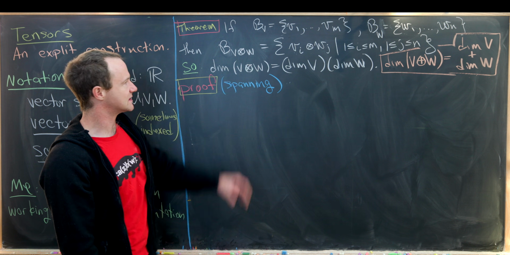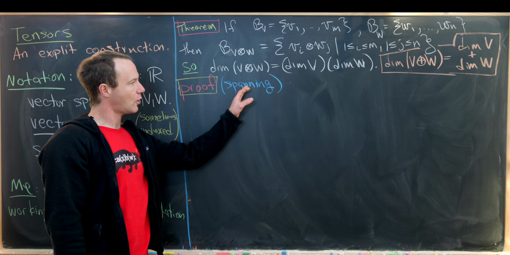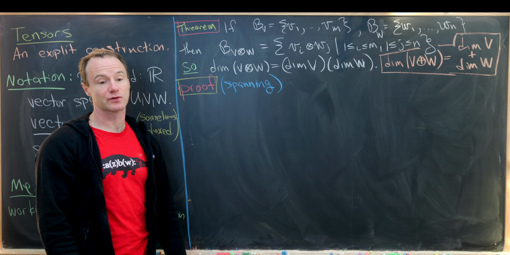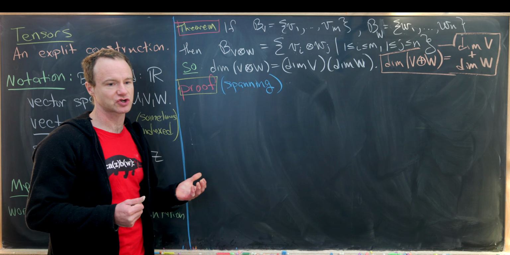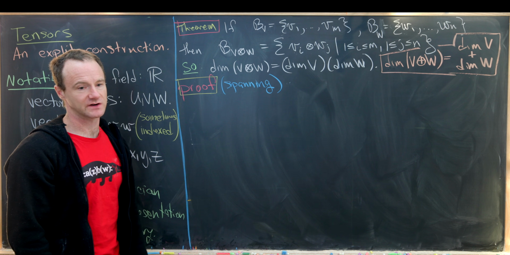Okay, so let's dive into the proof of this theorem, but we'll only prove the spanning. We will not prove the linear independence, which is a bit trickier, and we might do that later if there is interest.